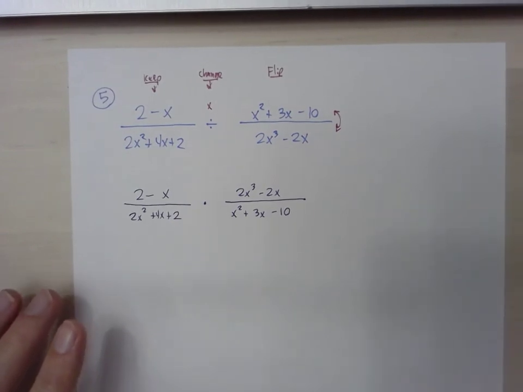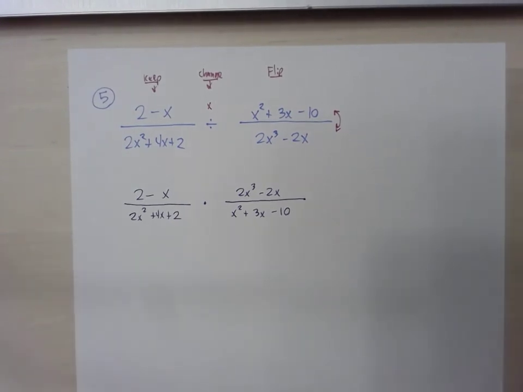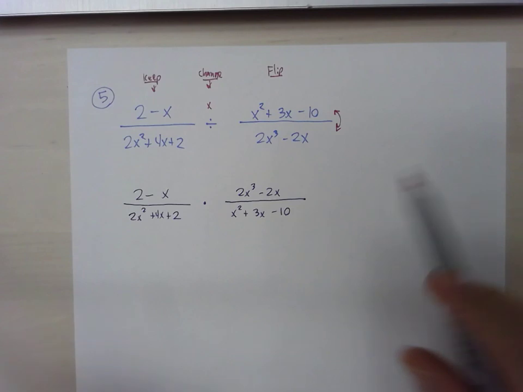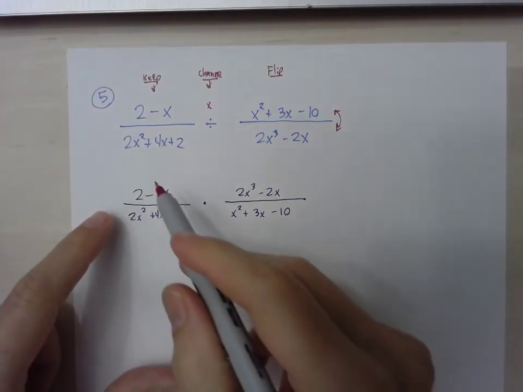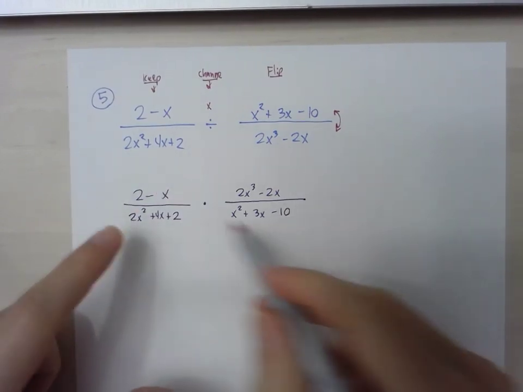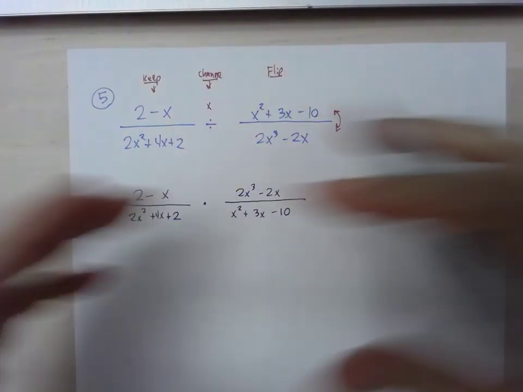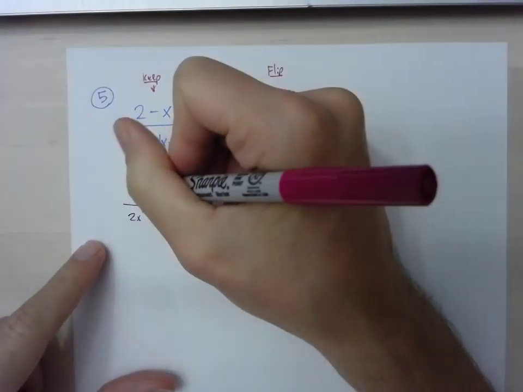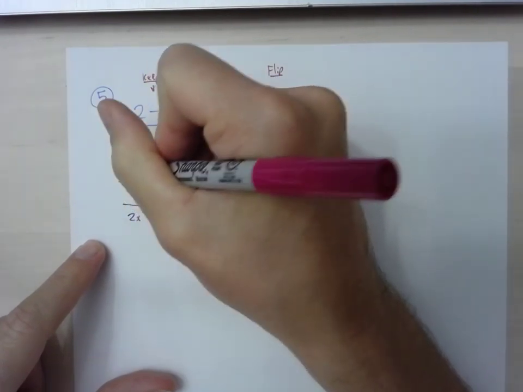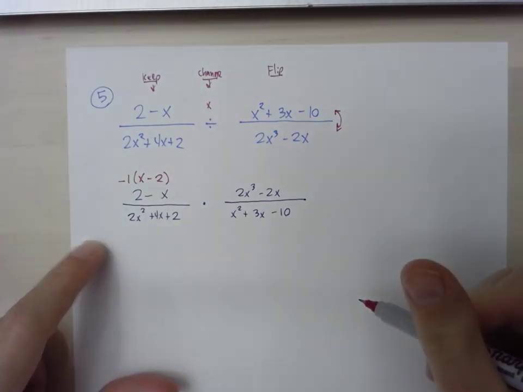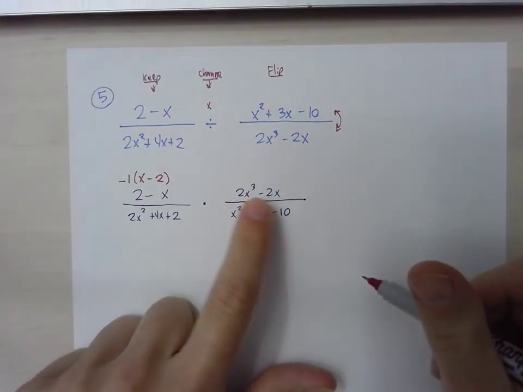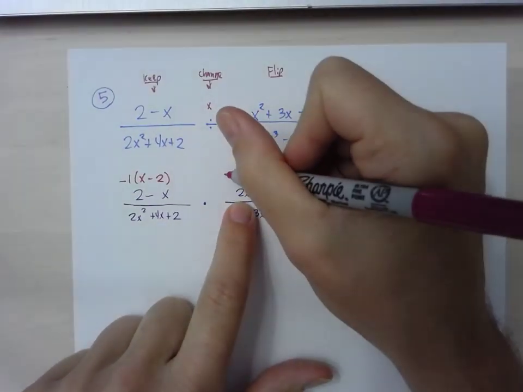So right off the bat, by doing that, basically it's just like the last problem we did. We're going to factor both the tops and bottoms of both of these fractions and put them all together as one. So this is backwards, so I'm going to factor out a negative 1, and we'll say x minus 2. This has a GCF of 2x.